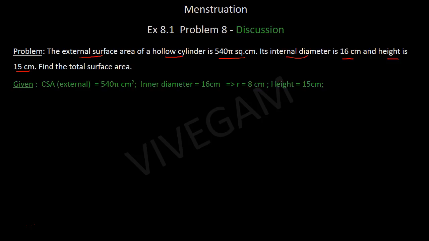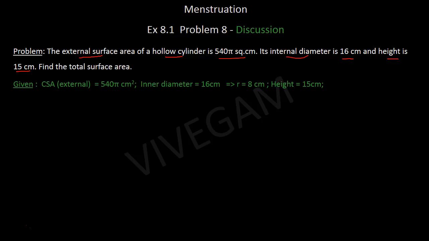CSA external equal to 540 pi centimeter square, inner diameter equal to 16 centimeter, and that means radius equal to 8 centimeter. And this is again one more place you got to be careful, because they have given diameter here. You immediately have to convert it into radius, because all our formulas are based on radius.